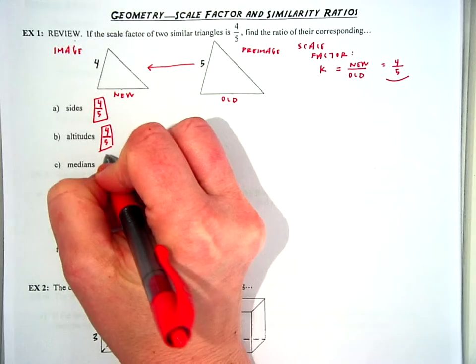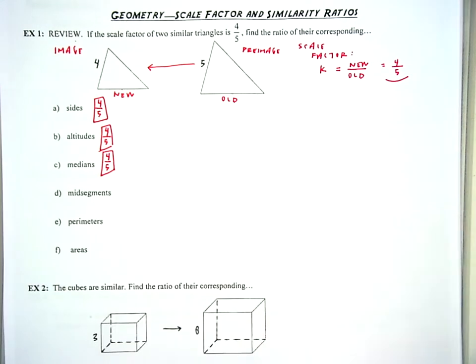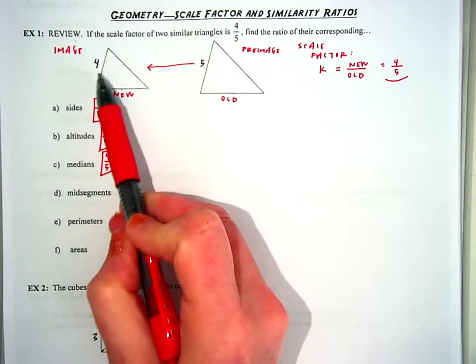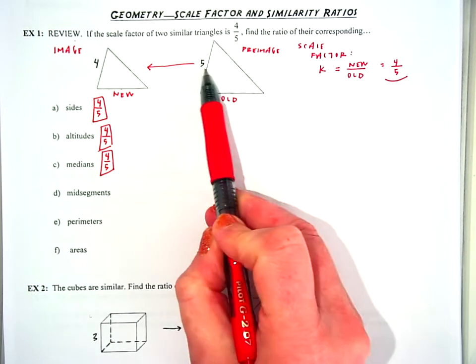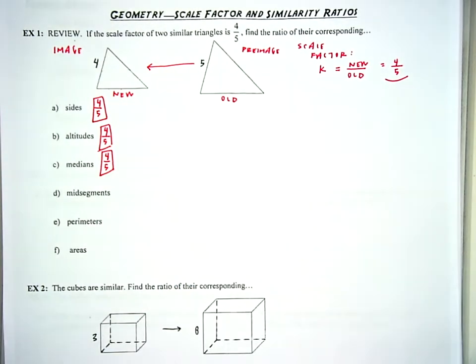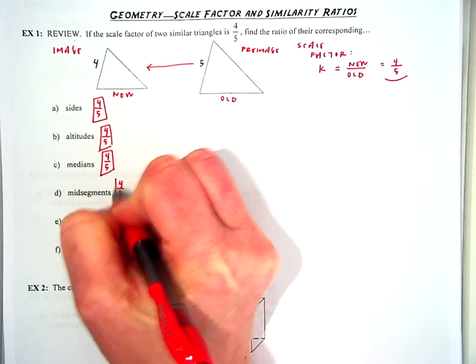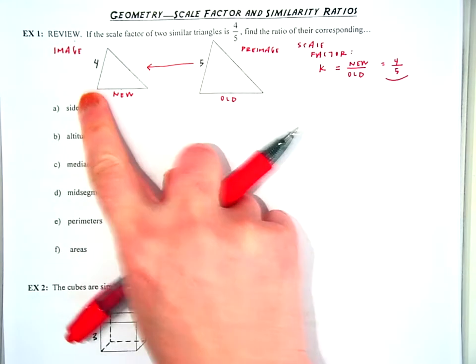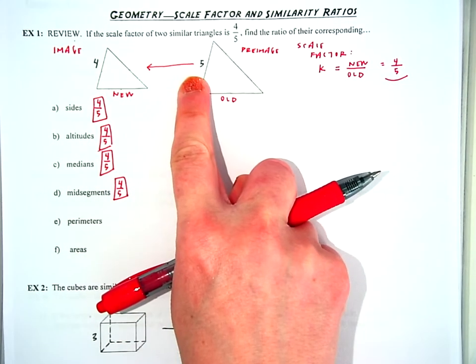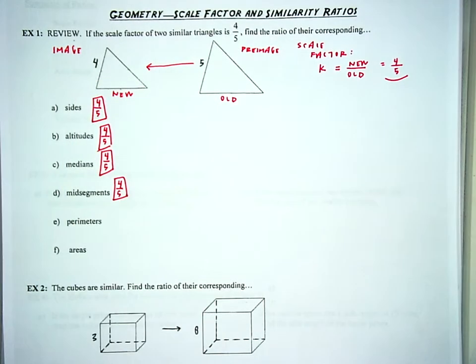My mid-segment, so if I had a midpoint here, and then connected, midpoint here, and then connected, my mid-segments will be in the same ratio as a pair of sides as the scale factor, also 4 to 5. And then perimeter, so if I added up all of the sides here, all of the sides here, and all of the sides are already in a ratio of 4 to 5, my perimeters, the sum of all of my sides, will have to have that same ratio too, 4 to 5.